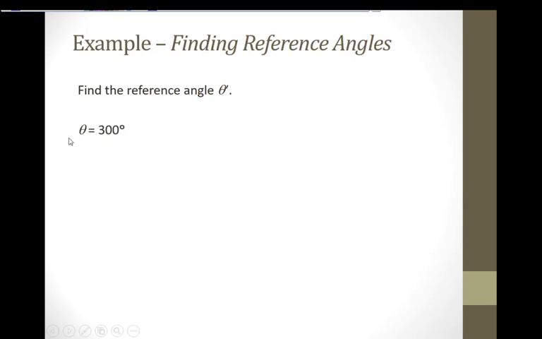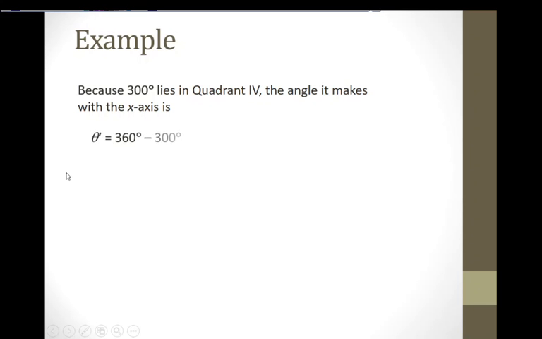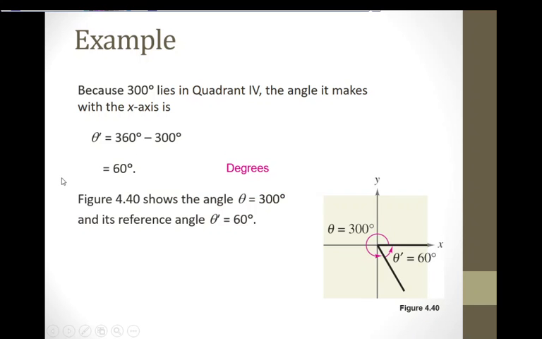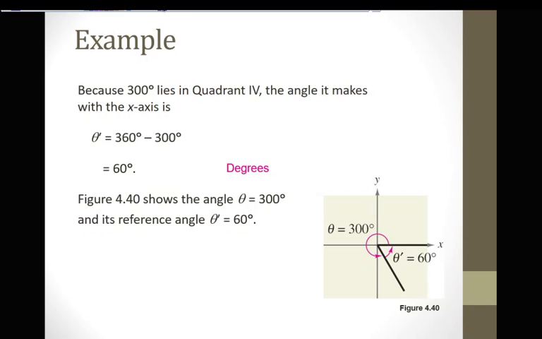So, for example, find the reference angle for 300 degrees. The first thing you do is take your 300 degrees, which lies in quadrant 4. So you take the equation 360 minus 300, and that's 60 degrees. And this is what it looks like. Here's my angle, 300 degrees.